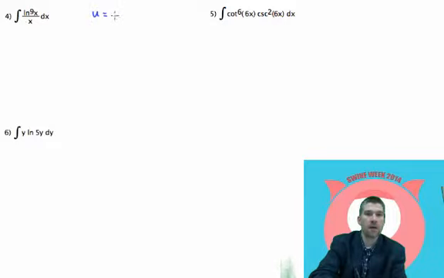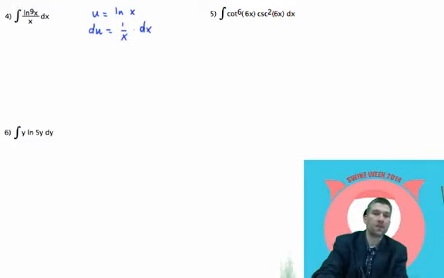As it turns out, if we let u equal natural log of x, then du is equal to 1 over x, and like we did on the first slide, we would just add that dx to the side.